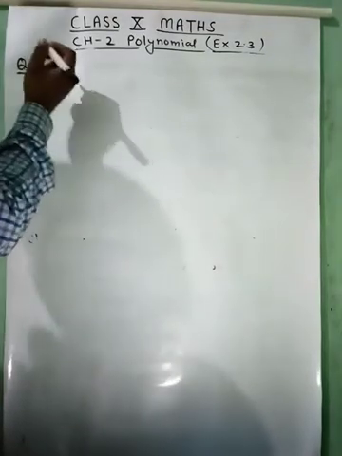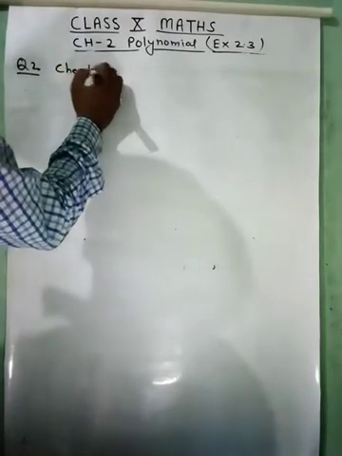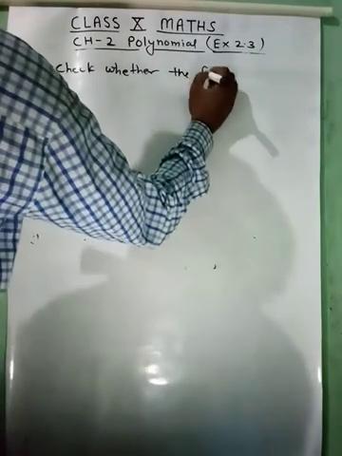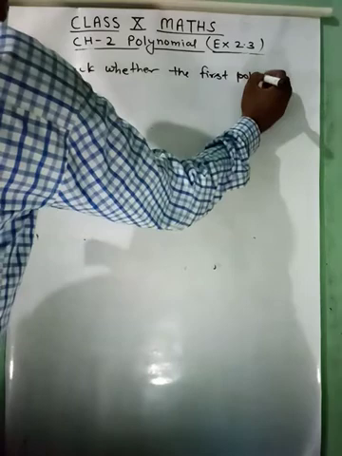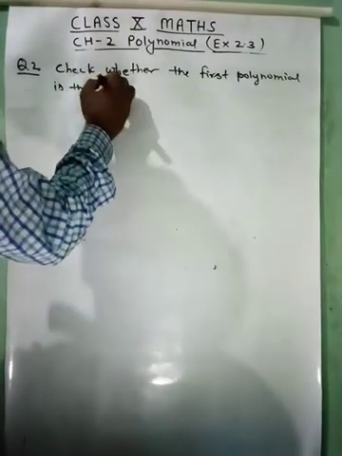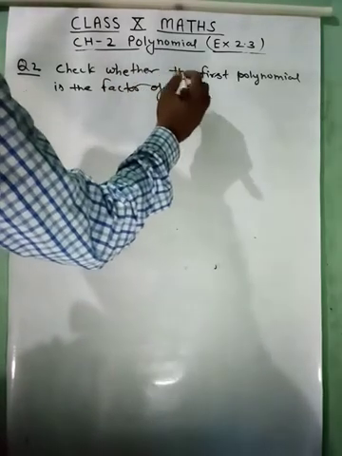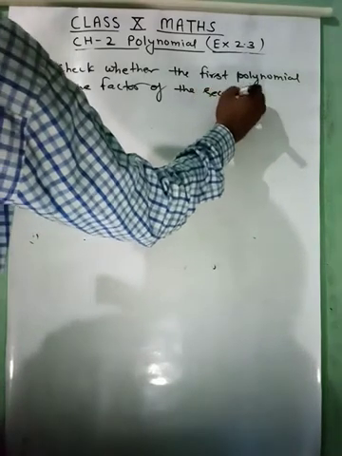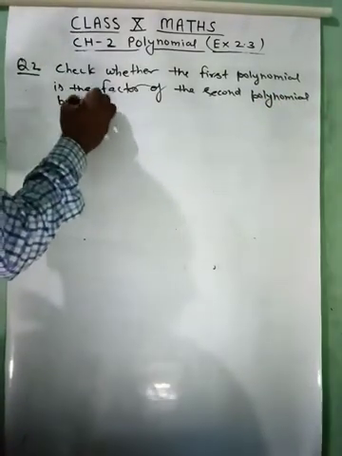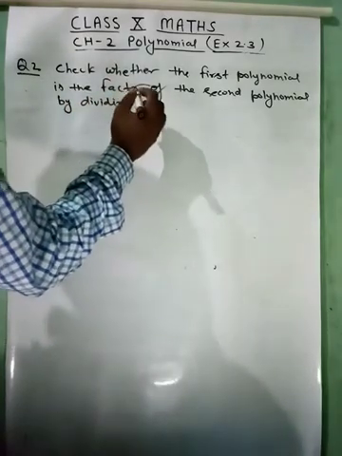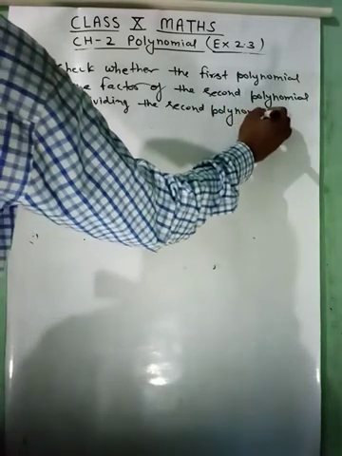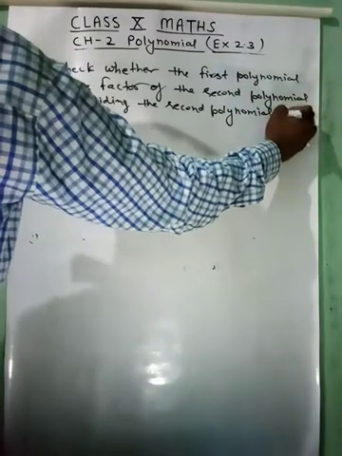Question number second. Check whether the first polynomial is the factor of the second polynomial by dividing the second polynomial by the first polynomial.